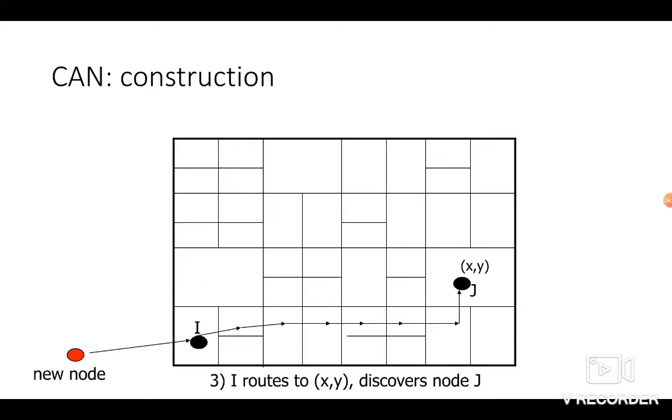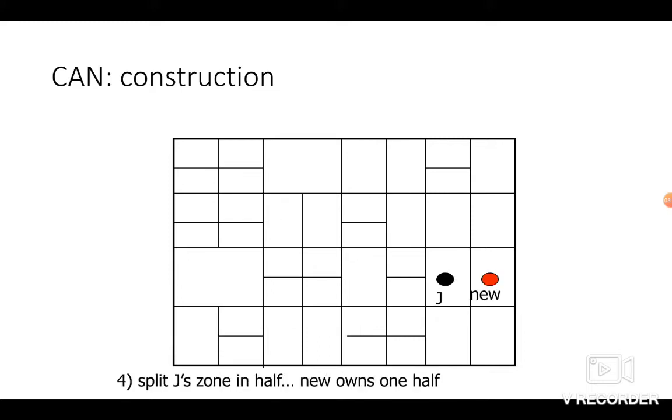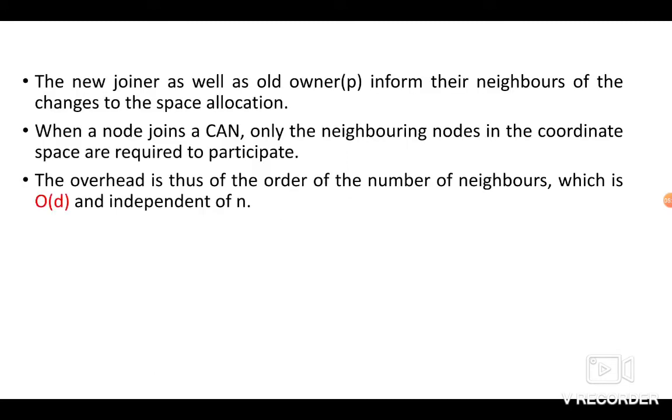Node I routes to that point and discovers some node J. J divides the space into two halves: one for J and the other given to the new node.